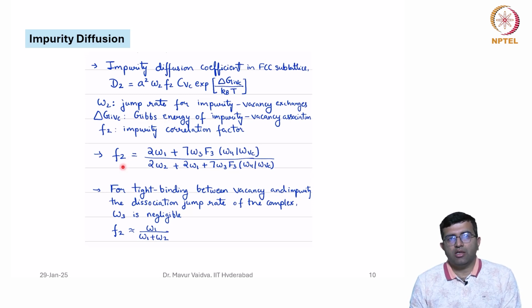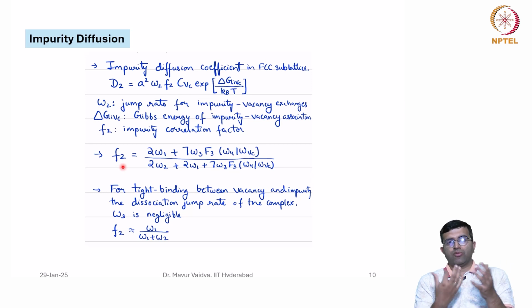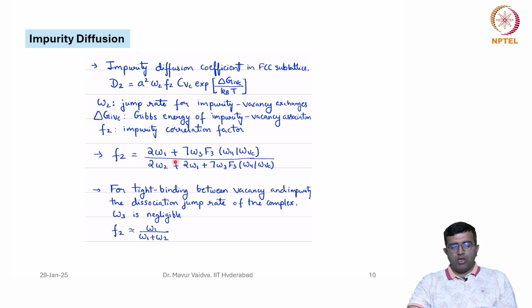For f2, we have seen that this comes from the 5 frequency model that was suggested. A similar expression can be written here, with omega 1 plus 7 omega 3 F3. You can refer to that lecture where we talked about the 5 frequency models.